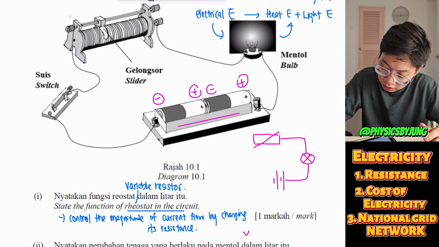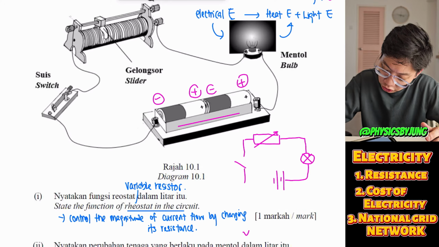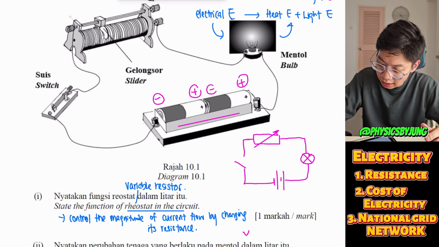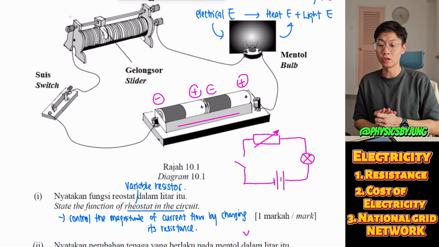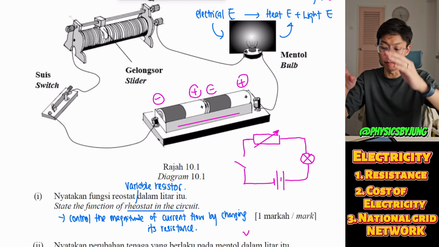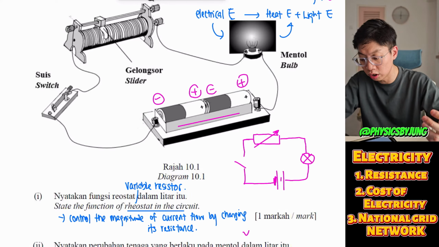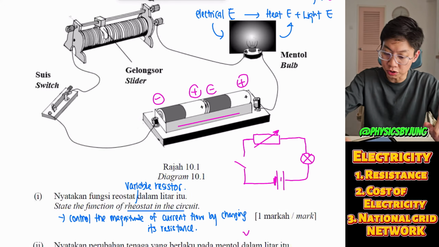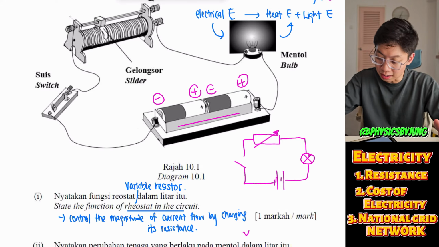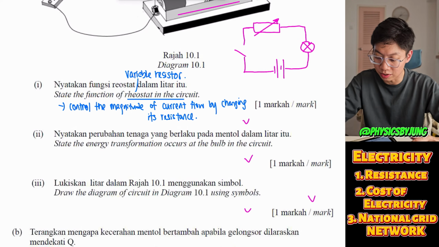Rheostat usually is a rectangle with an arrow, with my switch, and then back to my light bulb. This arrow you have to draw like this. That is my rheostat, that's my bulb, battery. Since there are 2 batteries, you draw 2 batteries. If 3 batteries, then you draw 3 batteries. And then 1 switch only, that's it. Of course the marks here are not a lot, because it's only 1 mark, so it's not difficult.